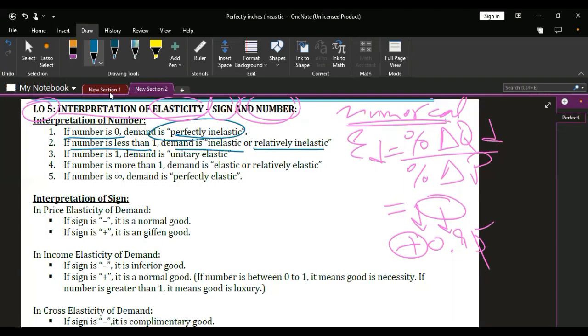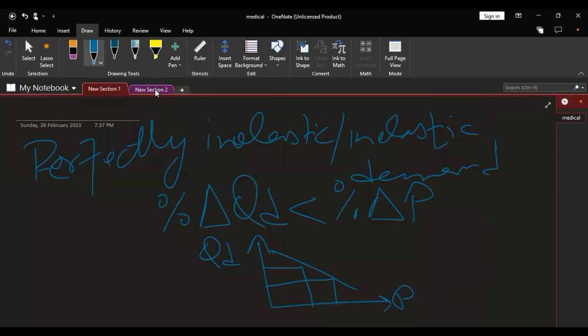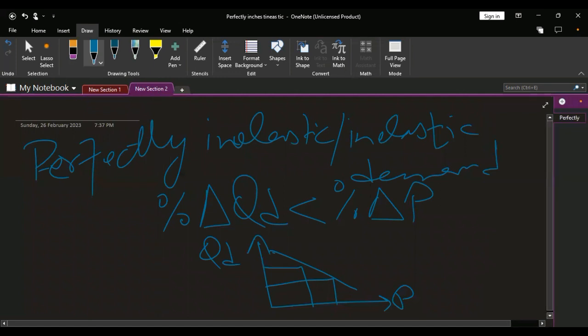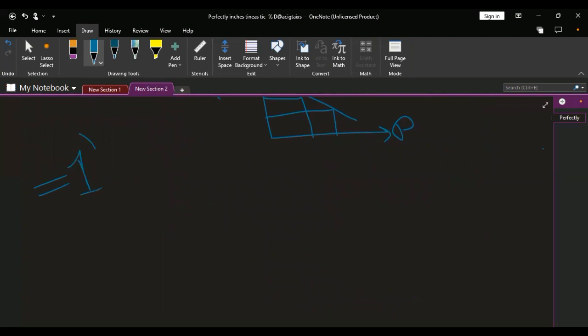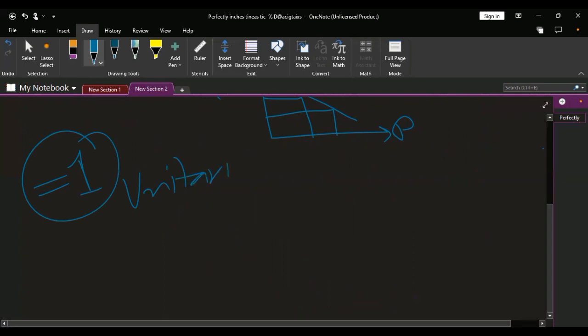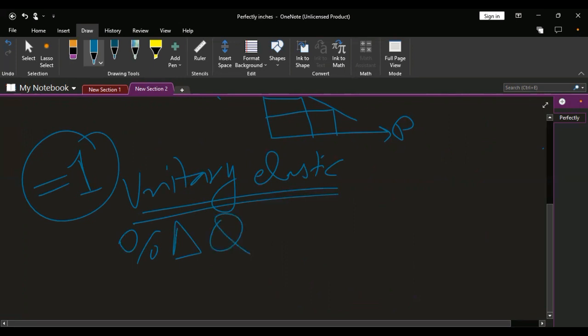The next one is if the number is 1. A number of 1 shows that elasticity is equal to 1, which means it's a unitary elastic demand, which means that the percentage change in quantity demanded is equal to the percentage change in price.